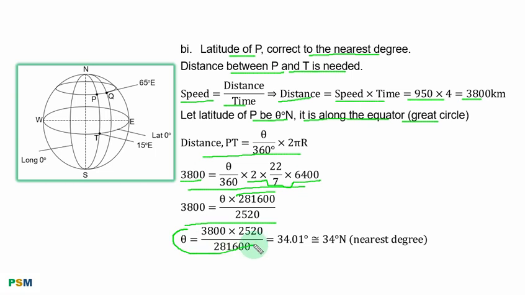After multiplication and division, you have 34.01 degrees. To the nearest degree, the latitude of P is equal to 34 degrees north.